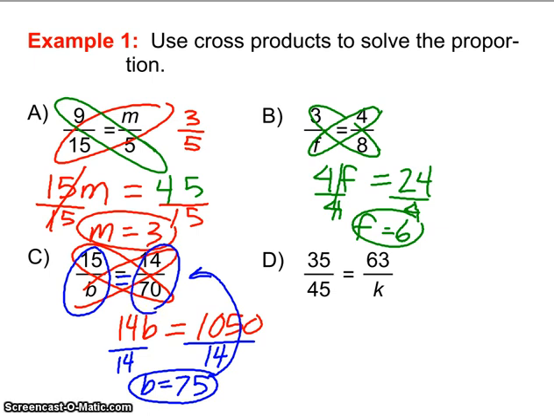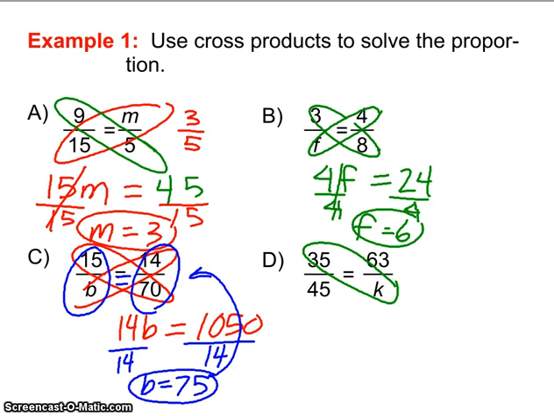And D. When you do your cross products, it doesn't matter which way you do them. I always start with the cross product that contains my variable, because I always like to have my variable on the left-hand side of my equation. It doesn't matter which way you choose to do it, but I always start with the cross product that has my variable.